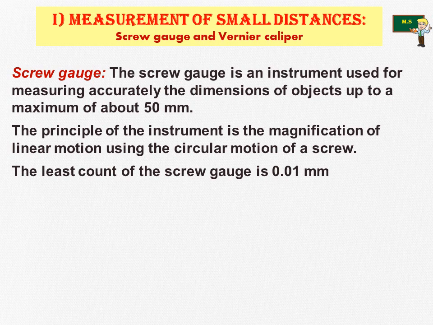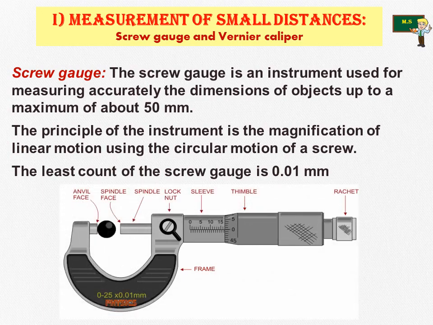Let me show the screw gauge here and the working also. This is the working of screw gauge. It has an anvil face here and a spindle face here, and this is going to be the spindle. Then lock nut.